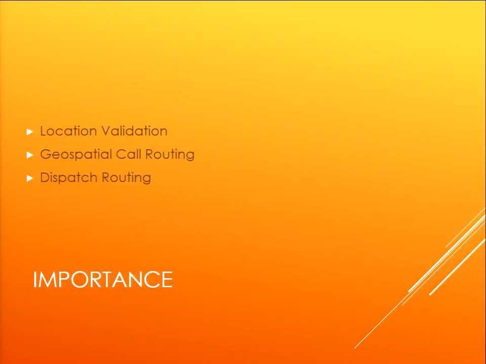Of course, the importance is location validation. Remember, this is not your MSAG anymore. Everything now with CAD companies, they're also tying into your E911 and all the E911 software and CAD companies. This stuff is being geo-verified.